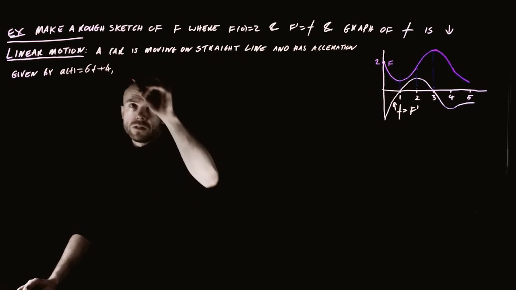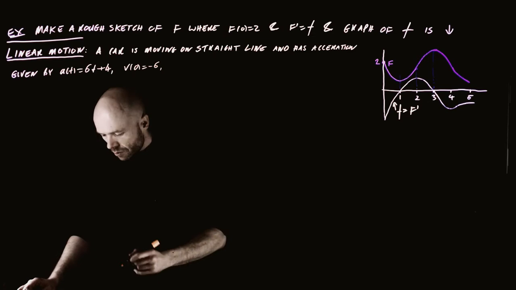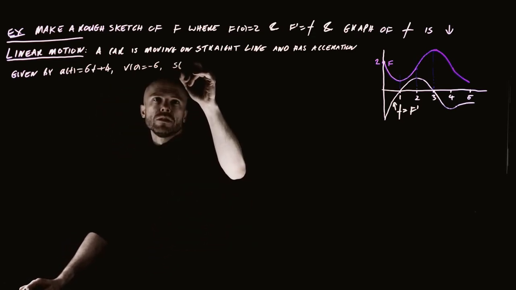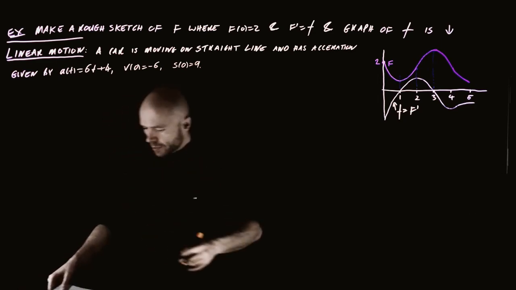And we know its initial velocity is minus 6, and we know its initial position is 9. Okay, and then it says find its position function.